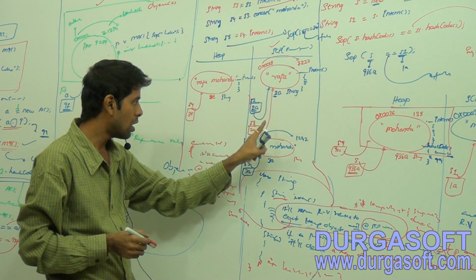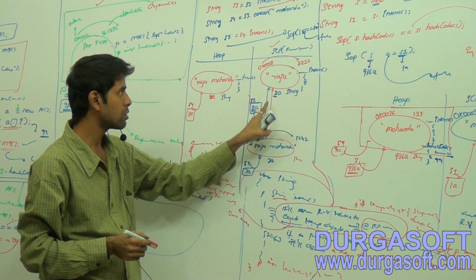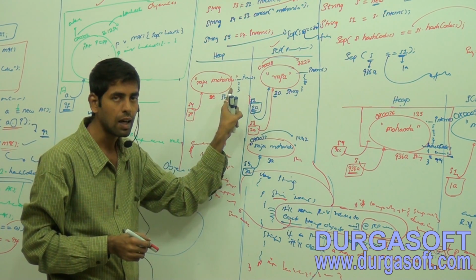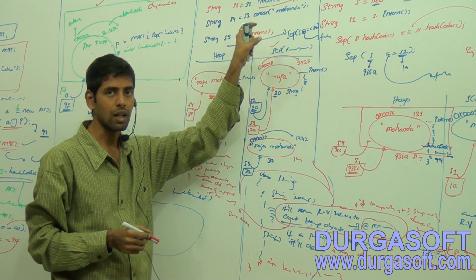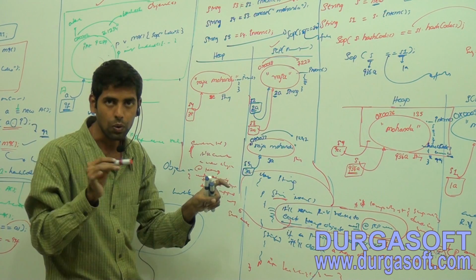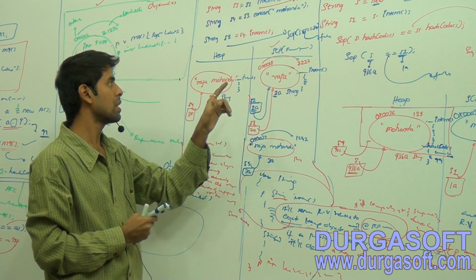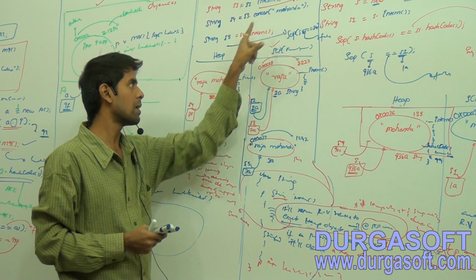S3 object is what? Where is S3? This one. Accessing this object data and appending this argument literal, it will create a new object with this object data and this literal.